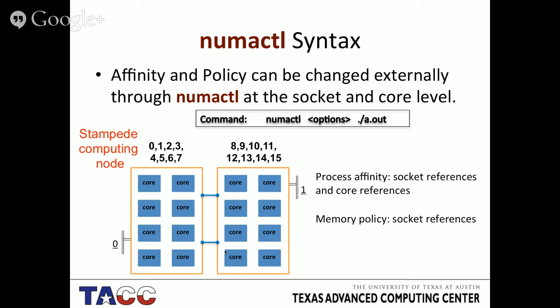But when you read the man page or other things about numactl, they talk about a socket being a node. So be very careful when you go looking at the documentation to realize that in NUMA land, node is a socket. So this is node 0, this is node 1 over here, and the core numbers are 0 through 7 over here on Stampede and 8 through 15. That's on the Stampede compute node.